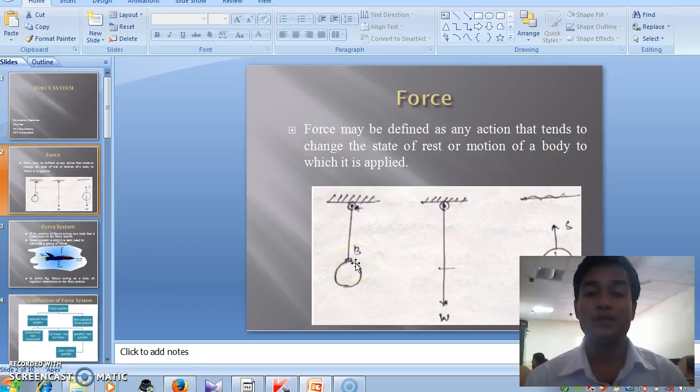While the upward force provided by the rope can be seen here in this representation. So the free body diagram of this system can be represented here.